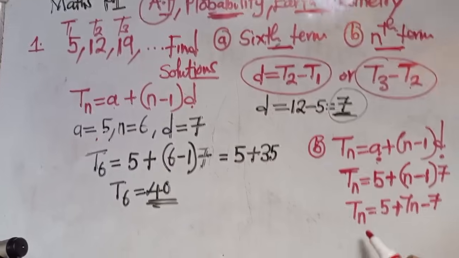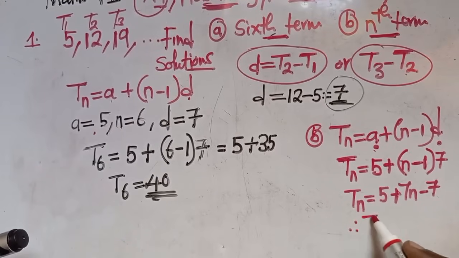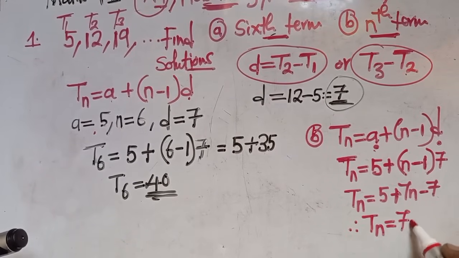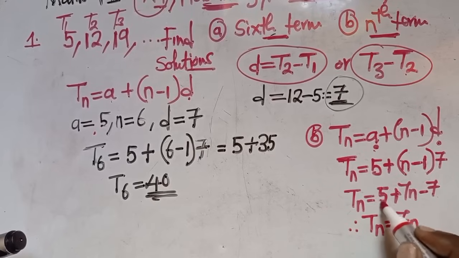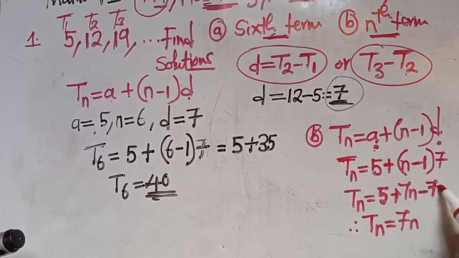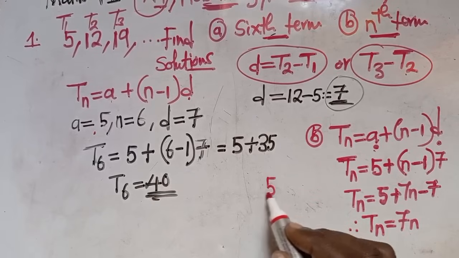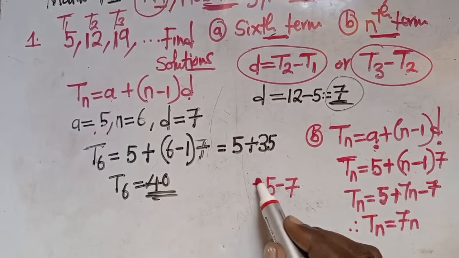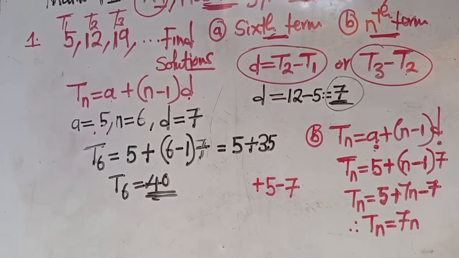So meaning that we can further conclude this and say nth term is equal to, I can write this 7n like this. Then what is 5 minus 7? Whenever you are having different terms, these different signs, this is having a positive, isn't it?